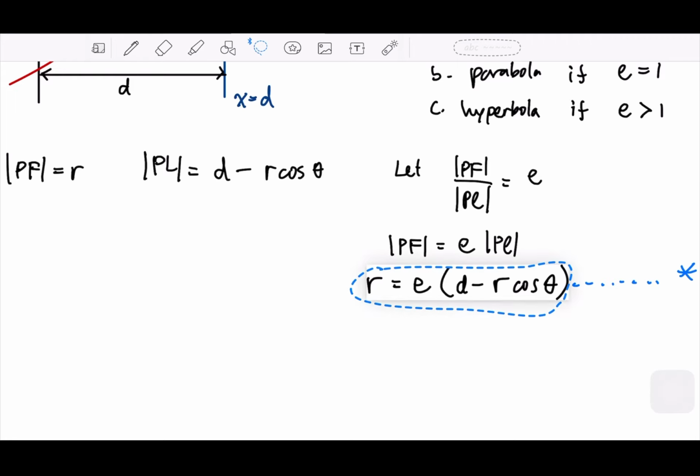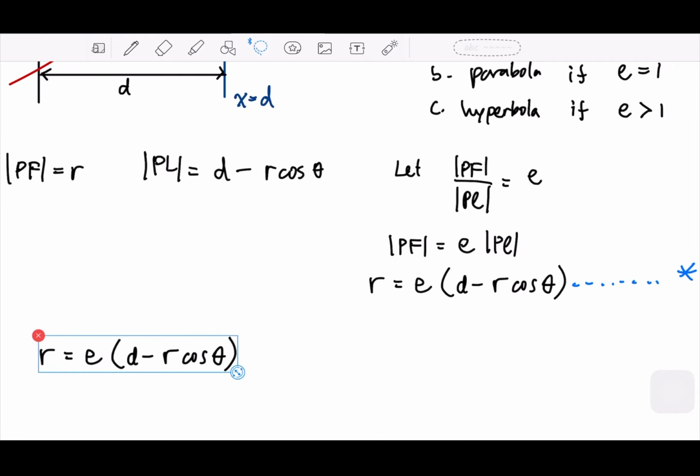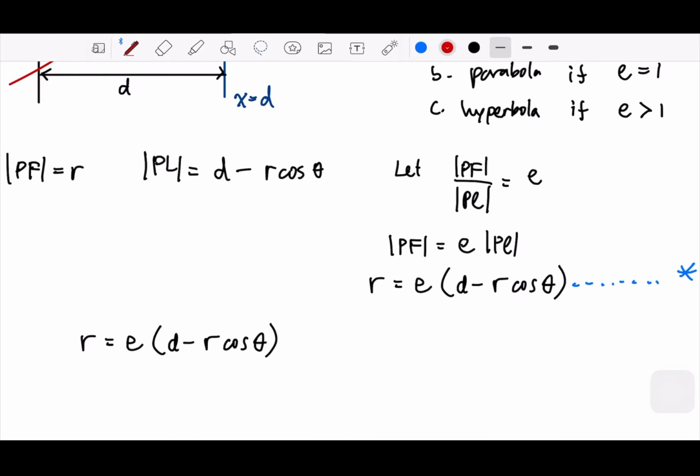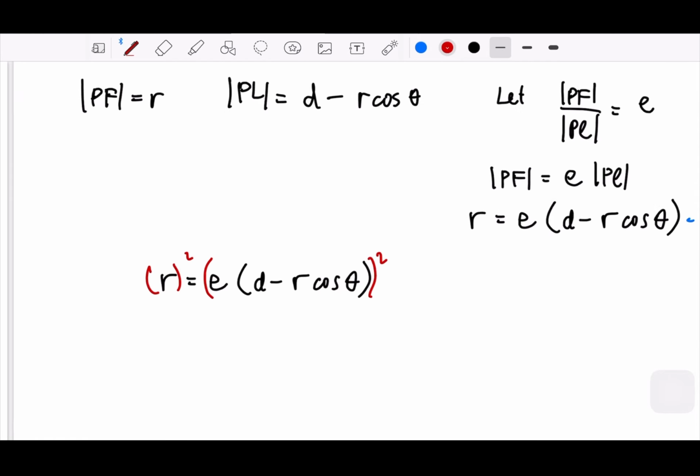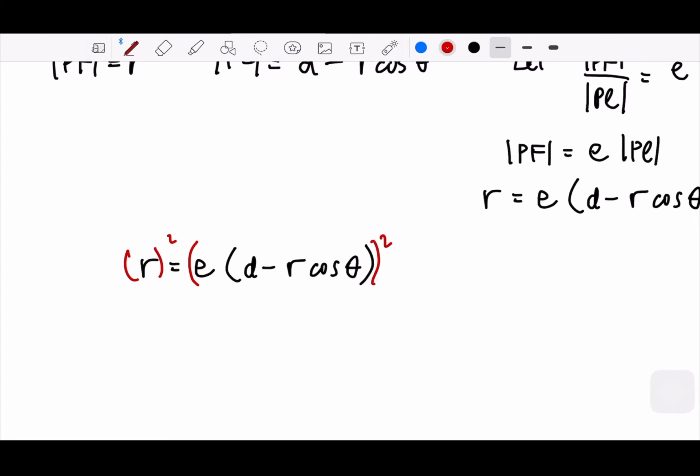Let me copy this first. So this will be squared, and this will be r squared. And we know that x squared plus y squared is our r squared. So let us change the r squared to Cartesian x and y.